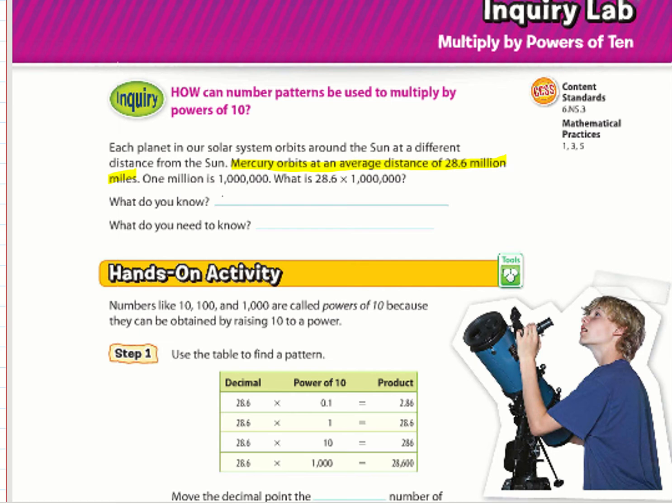So we know Mercury's average distance is 28 and 6/10 million miles. What do we need to know? We need to know what is 28 and 6/10 times 1 million.